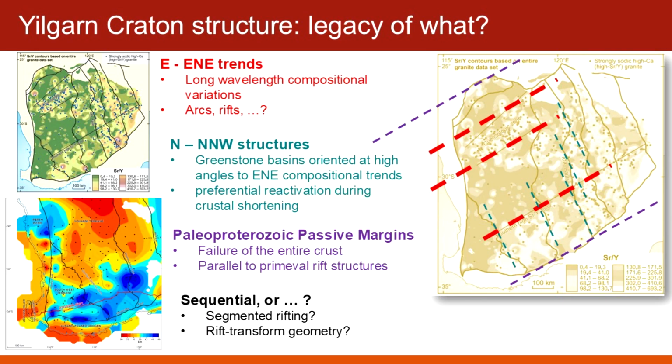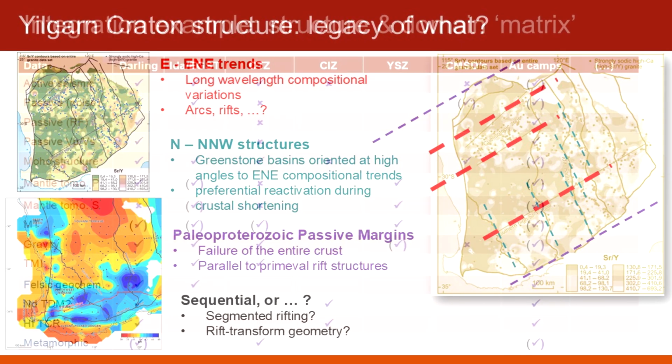So it's tempting to say they are sequential, so the east-northeast trends are older, but it's also possible that there is some sort of along-strike segmentation forming initially in these old structures that then get also activated. It's very difficult to pick apart, but you wouldn't expect long linear belts to form probably. So it's quite likely that there may be some sort of length scale variation in those as well.